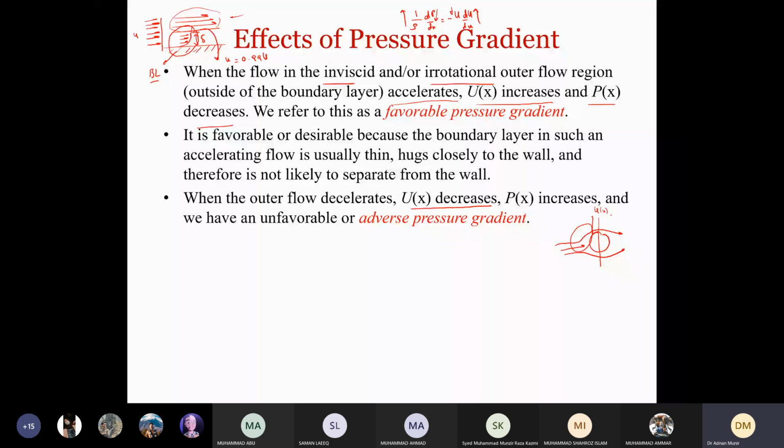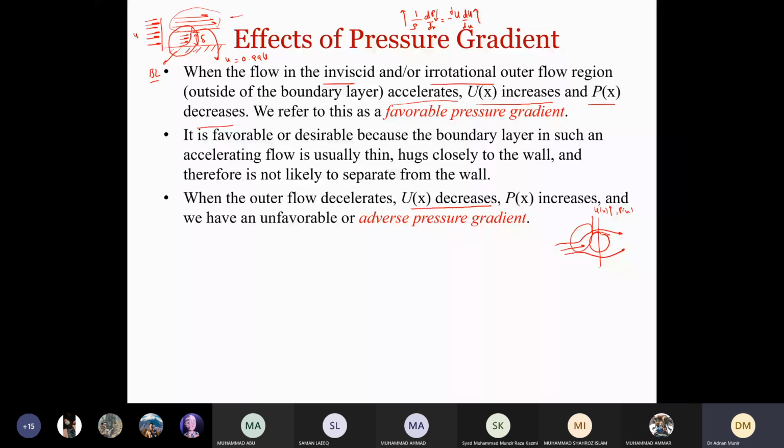So in this case it will be favorable pressure gradient. But as soon as the flow starts to separate, we have adverse pressure gradient beyond this symmetry line, where the flow velocity decreases and the pressure increases.